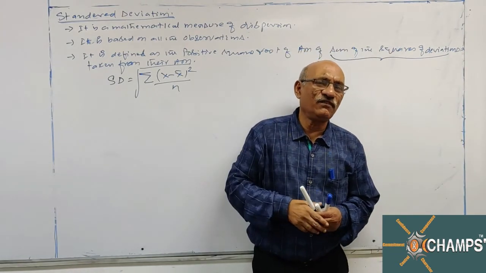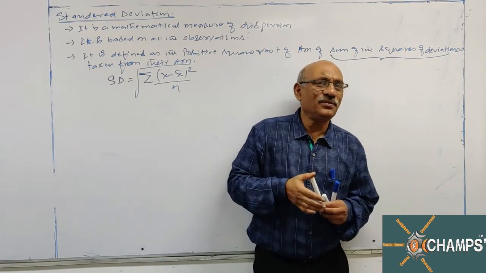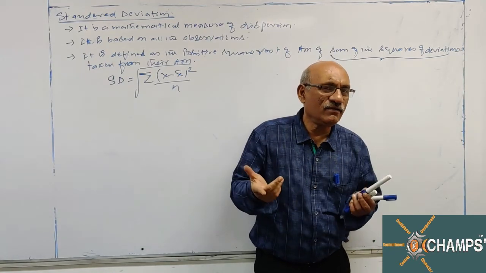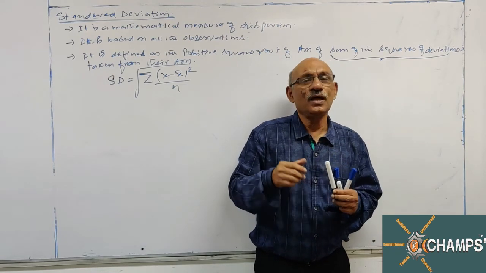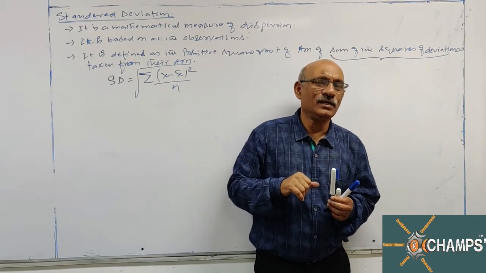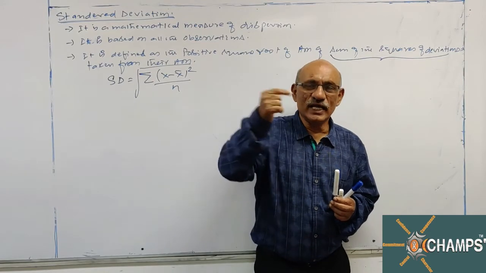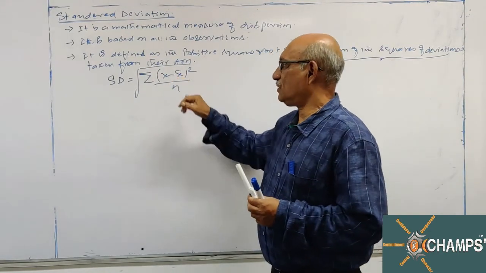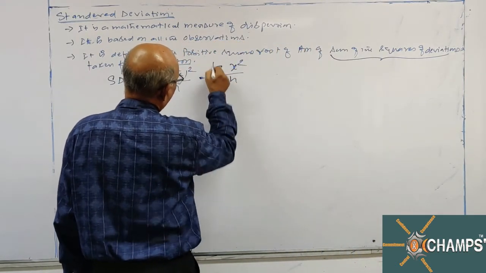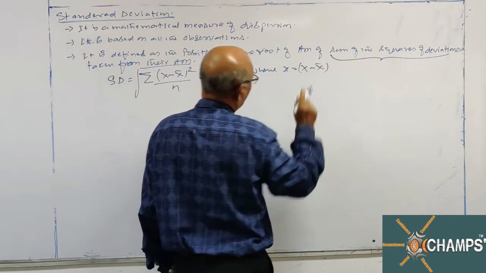For these deviations, if I take the total as it is, I'll get 0, because arithmetic mean has a mathematical property: the sum of the deviations taken from arithmetic mean is always 0. Therefore, we square them so that the negative sign is eliminated, and whatever values are obtained after squaring the deviations, their total is taken. Or you can write it this way also, square root of summation of small x square by n, where small x is equal to x minus x bar.